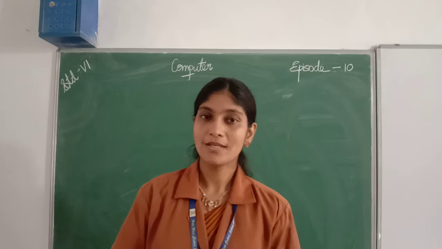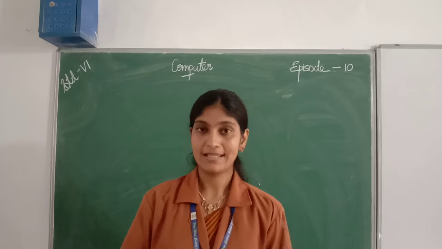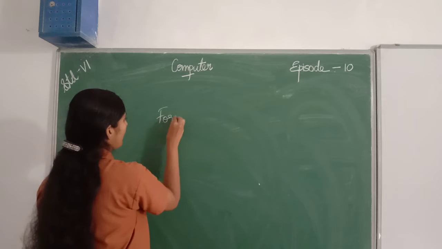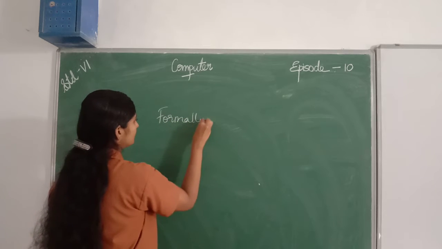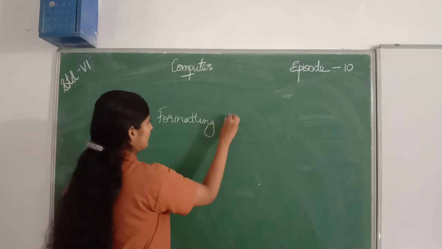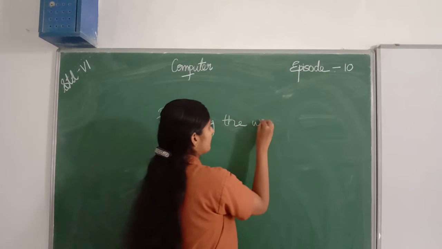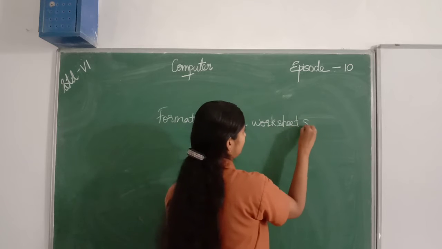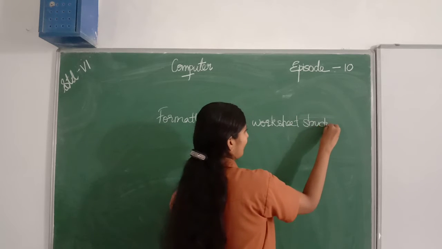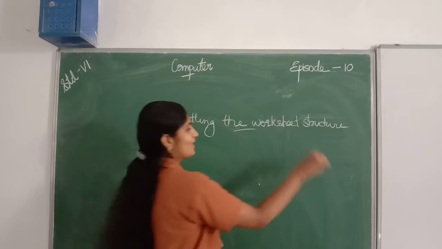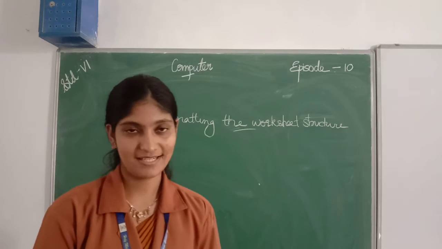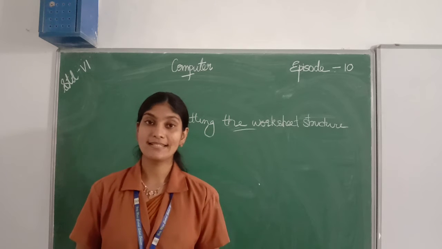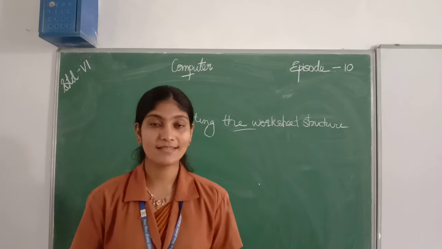So let's go to a new topic, that is formatting the worksheet structure. So formatting the worksheet structure means we know our worksheet consists of cells, containing rows and columns.